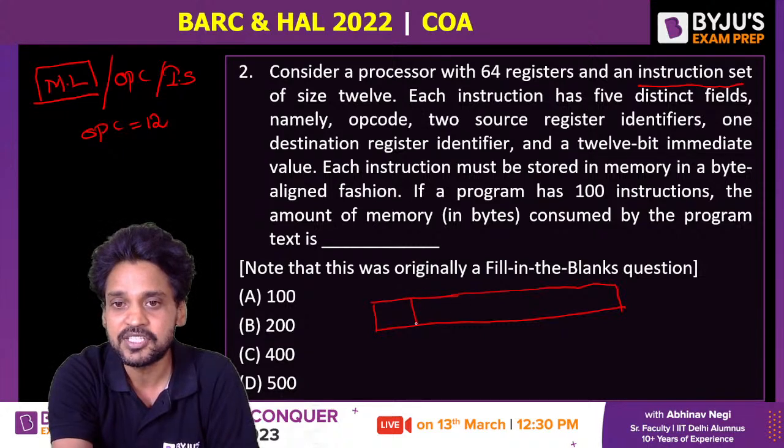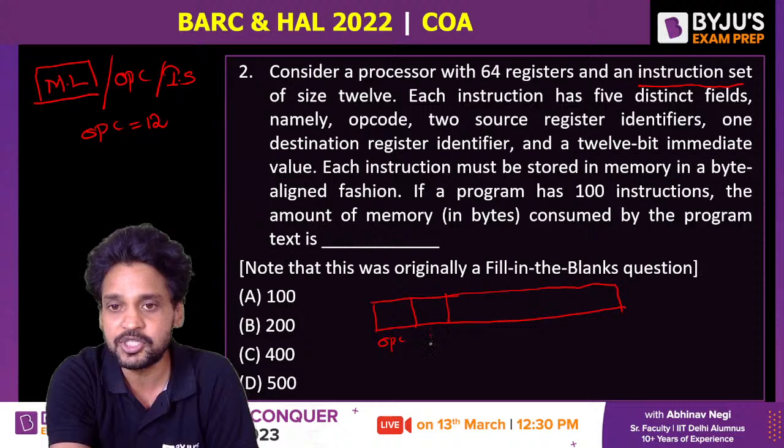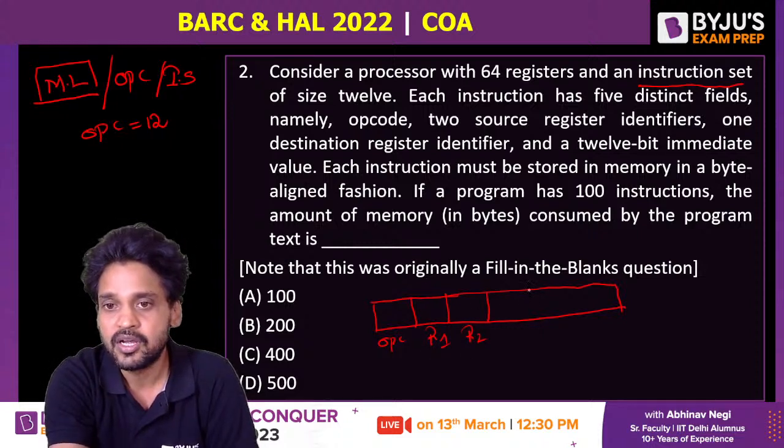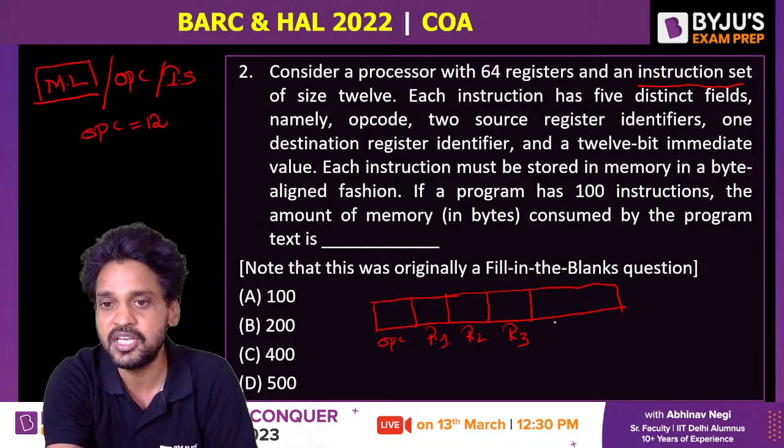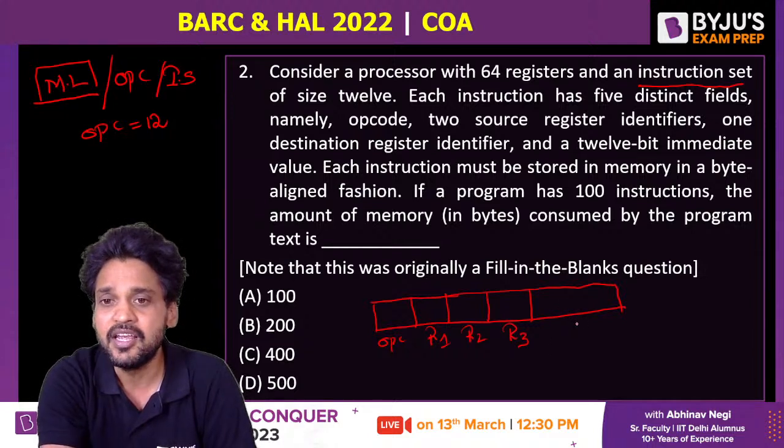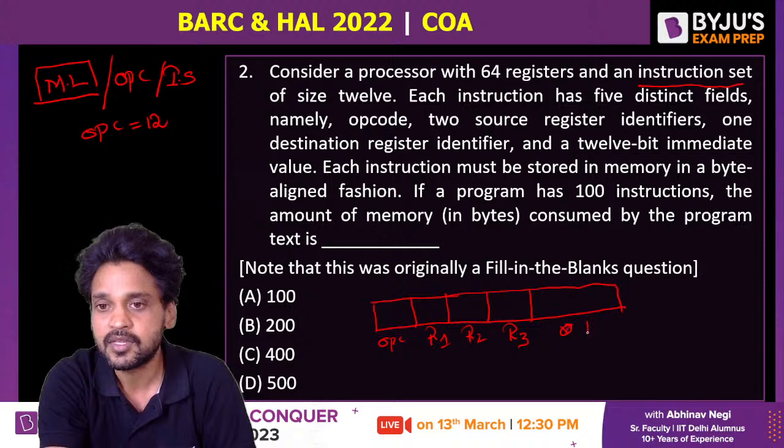There are 5 fields. The first one is opcode. Second is register 1. Third is register 2. The fourth is register 3. And the fifth is the immediate operand, IMM OPR. So these are the 5 fields.